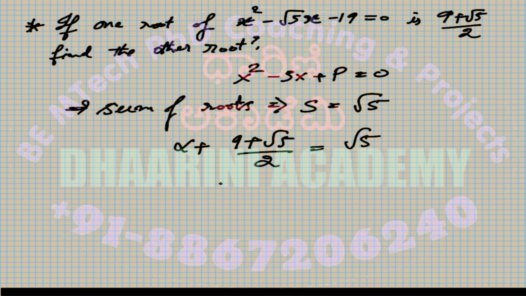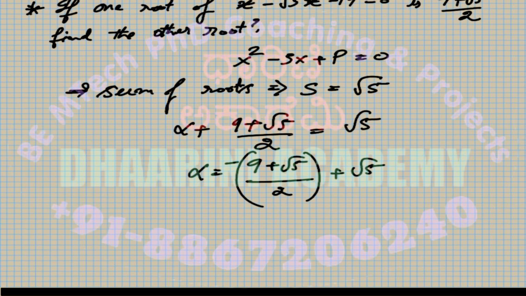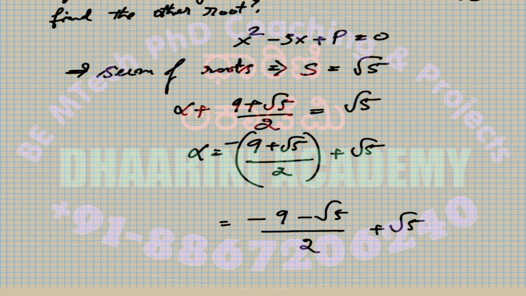Right? So let us simplify this. This implies alpha is equal to minus of 9 plus root 5 by 2 plus root 5. So this is equal to minus 9 minus root 5 divided by 2 plus root 5.